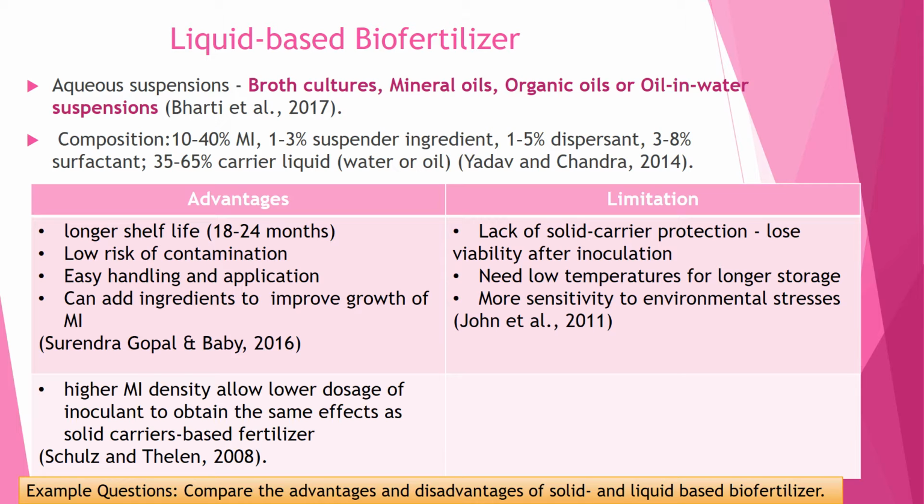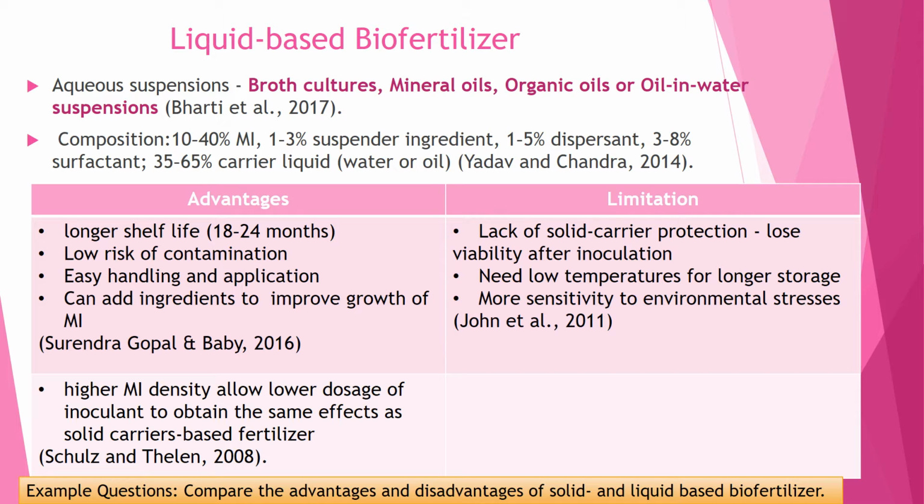When you call it as surfactant, it will really break the water and oil interface and become more miscible. But suspender and dispenser are more like you can still see the microbe in the water droplet, maybe immersed in the oil.